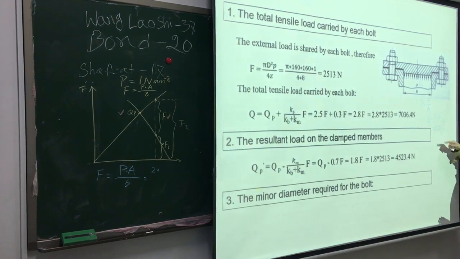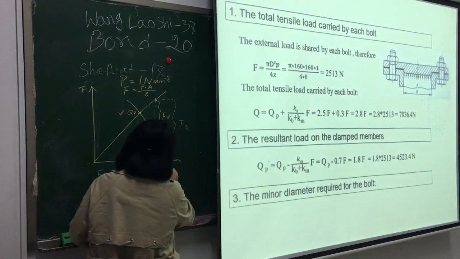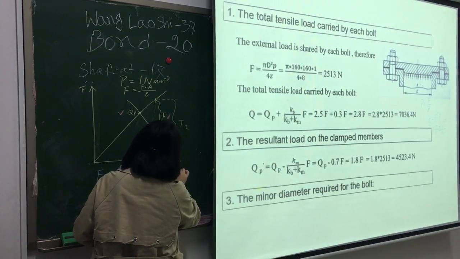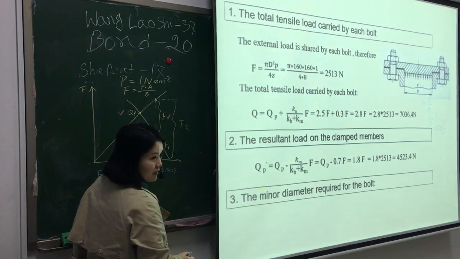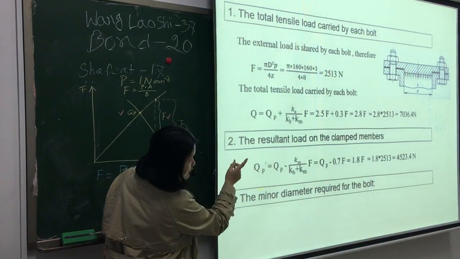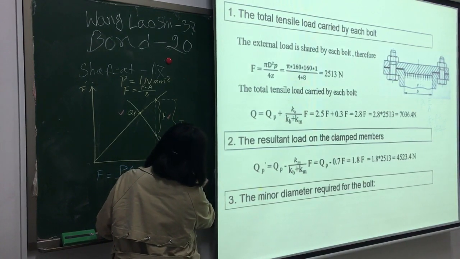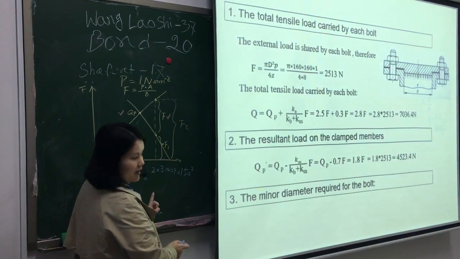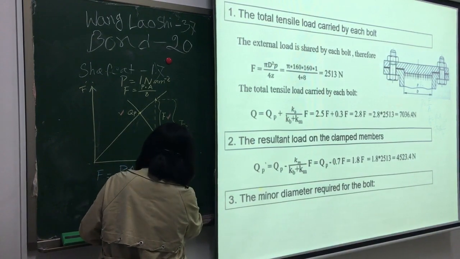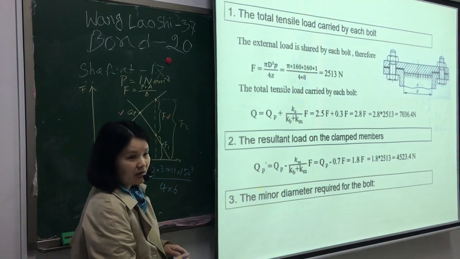Pi r squared, so we can calculate. Pi is 3.1416, and D is 150, and divide by 4 times 6.